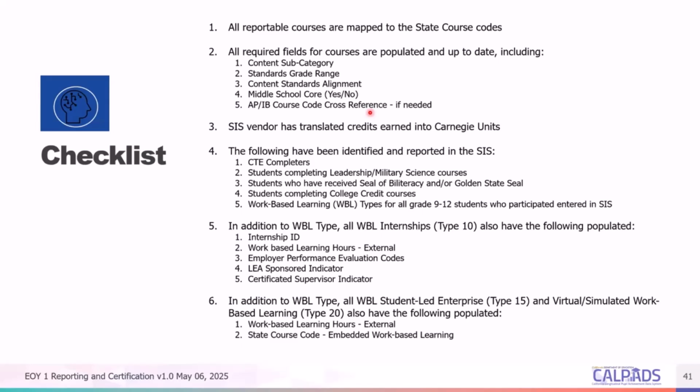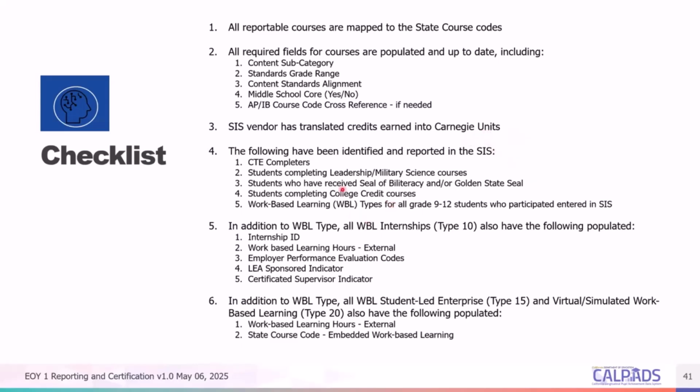If you have CTE courses that are also part of an AP or IB, then indicate that in here in the course. And then don't worry about Carnegie units. Your SIS will automatically compute the values for you. So as long as you have the student in that course and completing a course, then of course your SIS will provide the value for that.